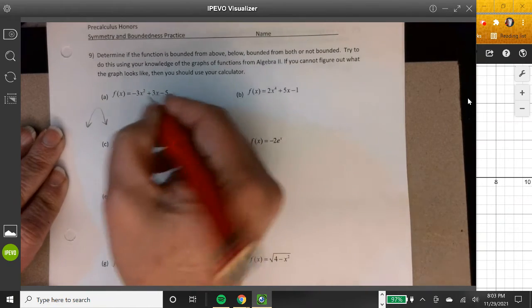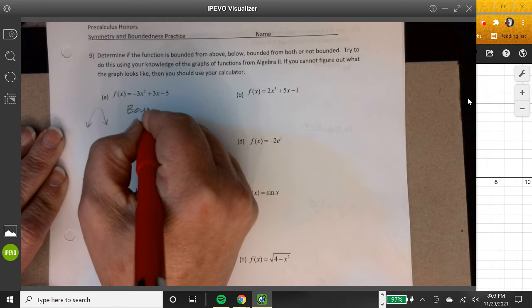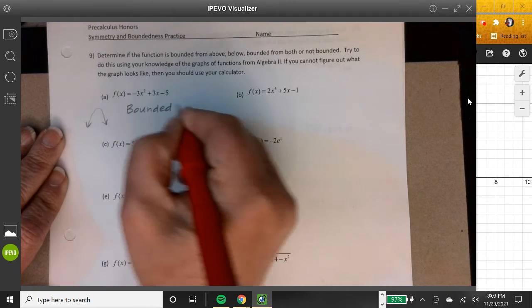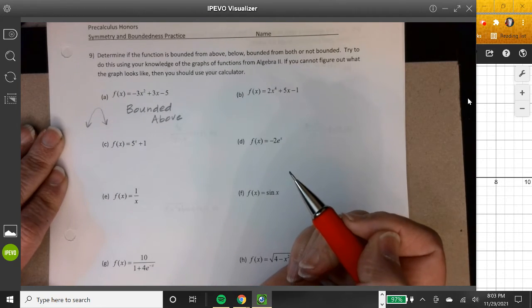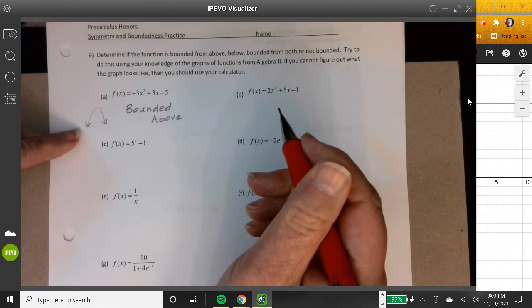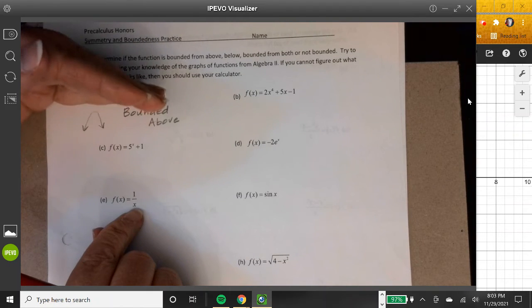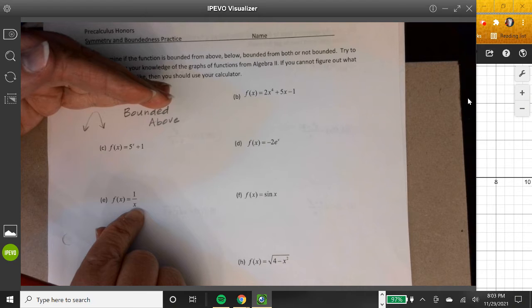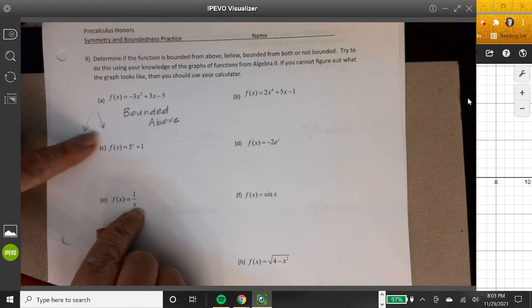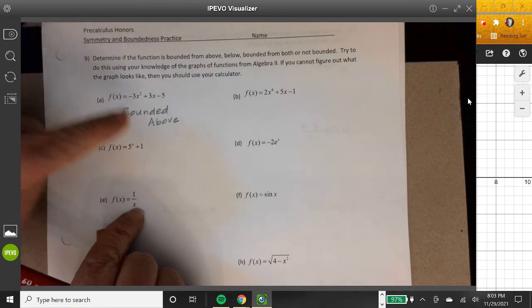So that one is bounded above, just based on the fact that we know it's a parabola that opens down. Now, boundedness means there's a y value here where it won't go above. So that's bounded from above. And the y values down low here are not bounded because you can go to negative infinity here. So that's not bounded on the bottom, but it's bounded on the top, or bounded above.